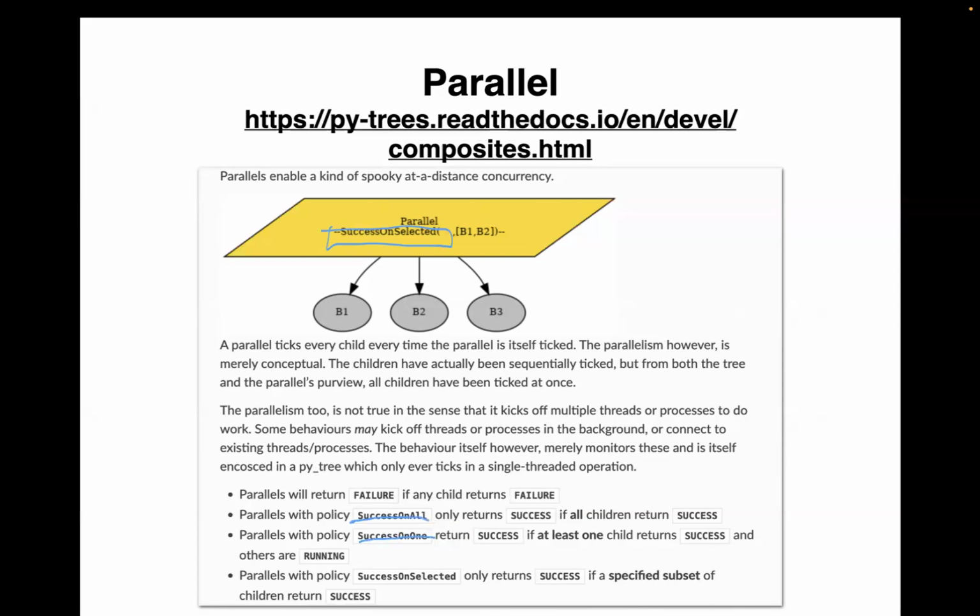So you can execute several children in parallel, and you can define the behavior or the policy. In this case, success on all, success on one, or success on selected. I think you will see the use of this in the next example in ROS.